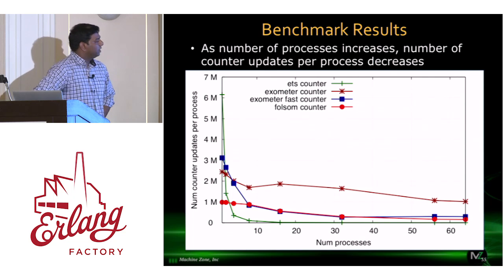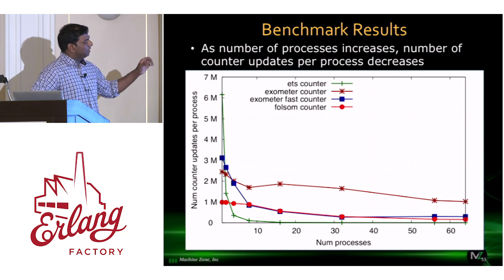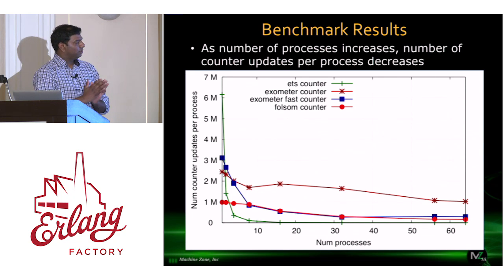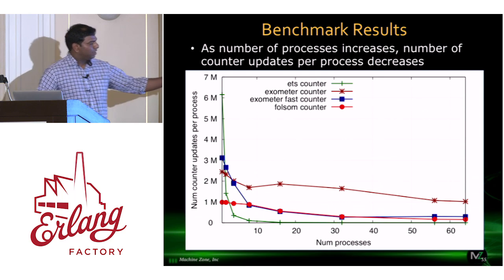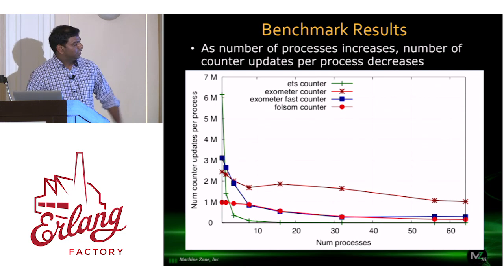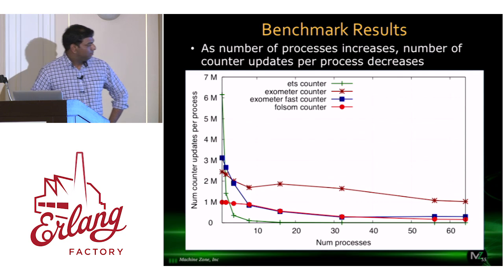The exometer counter starts a little lower than exometer fast, but after moving on from 2 or 4 processes, it scales pretty well relatively. And obviously, exometer native counters are the winner here by a large margin.